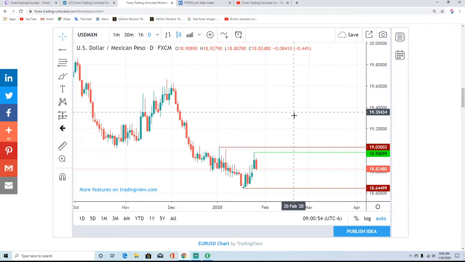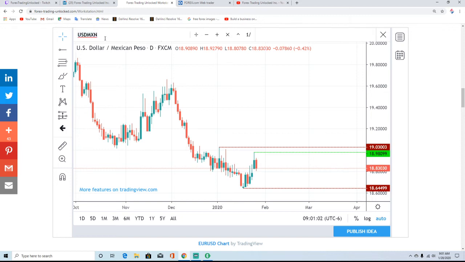So for us to have an extended correction above here up to 1920, 1940 is not outside of the realm of possibility. So we'll see how that manifests over the next couple of trading sessions into next week. But right now we are definitely a short-term bull as we ride this dollar strength wave. Right now it's more of a fundamental rally, I think, for strength in the US dollar than anything else, but it is gaining a little bit of momentum.